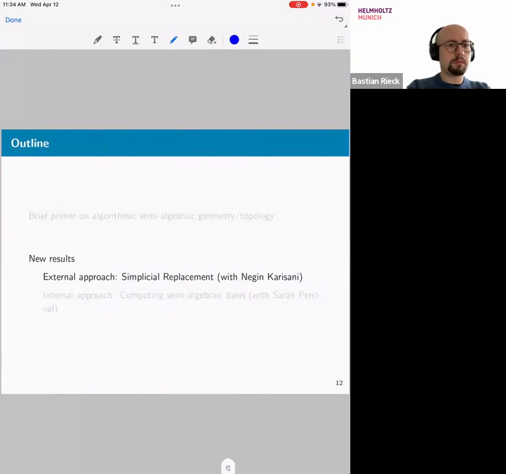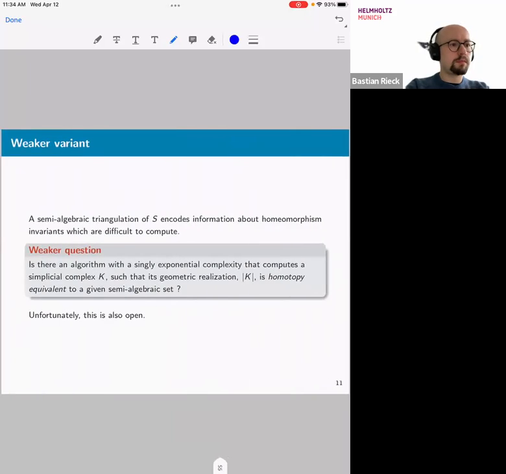So the external approach would be in the vein of this weaker question. Compute a simplicial complex which is homotopy equivalent to a given semi-algebraic set, which we do not know how to do. But suppose I weaken it even further and say, compute a simplicial complex that's only L-equivalent to your given semi-algebraic set.